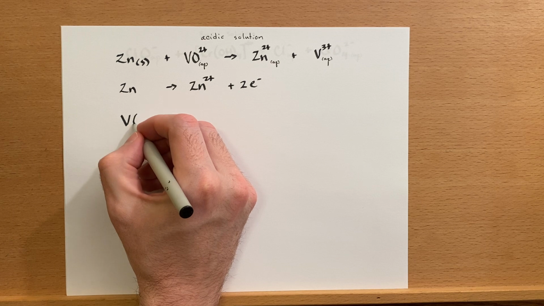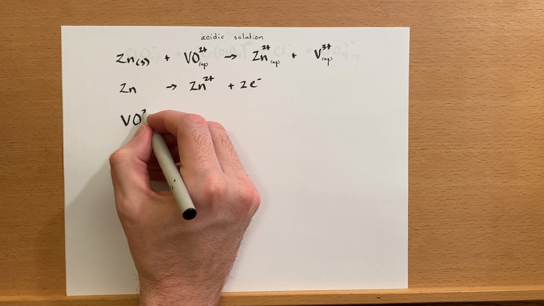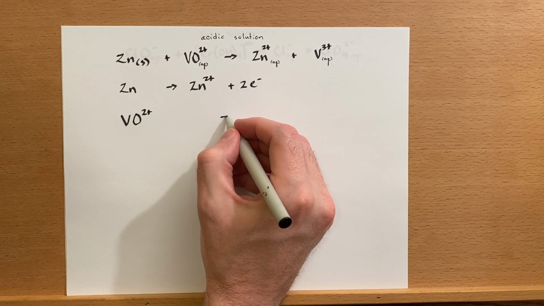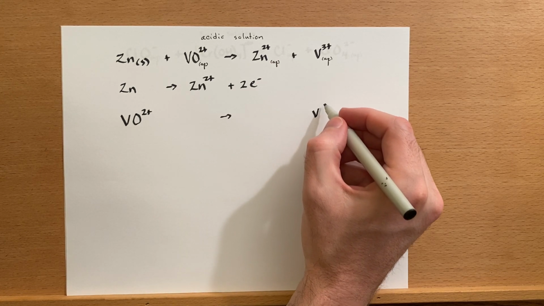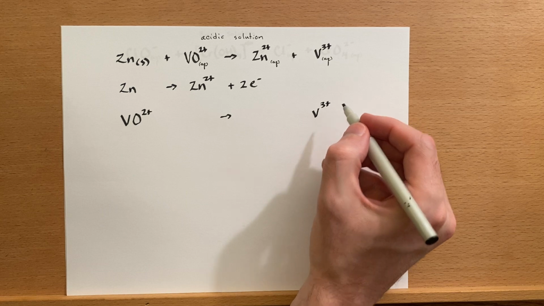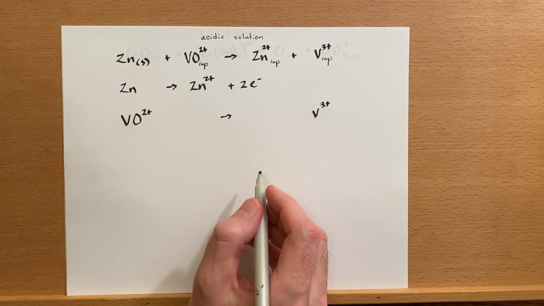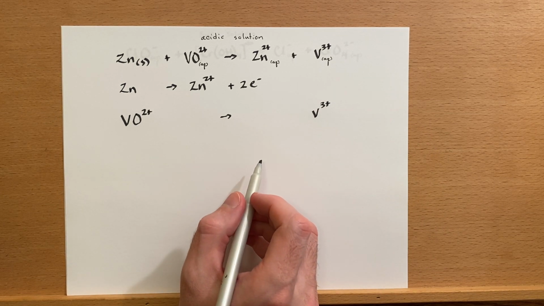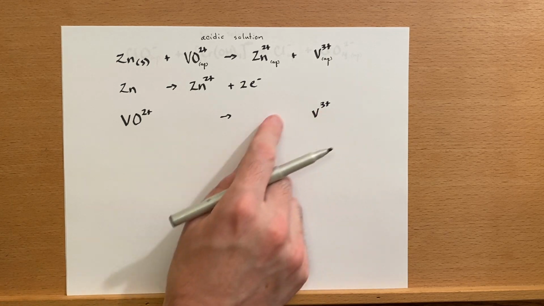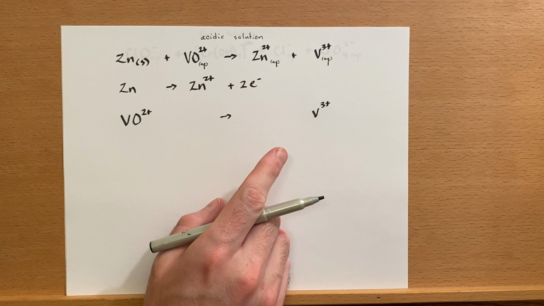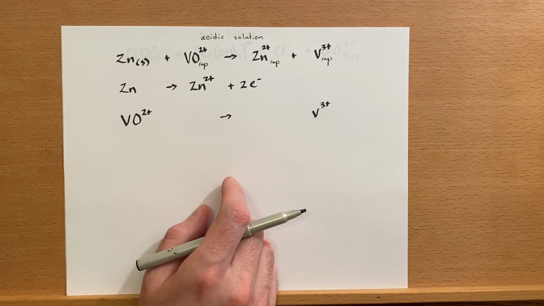So we have this vanadium oxide, and then that's going to go to the vanadium 3+ over on this side. Now, we need oxygen somewhere over on this side, and I said we have H+ and we have water to work with.